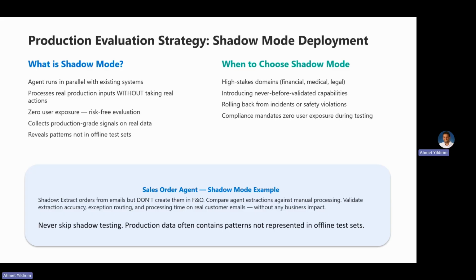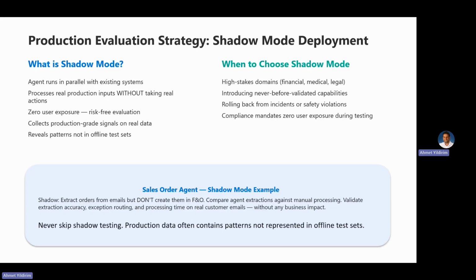So this is a detailed view of shadow mode deployment. Note the key characteristics. The agent processes real production inputs without taking real actions, giving you risk-free evaluation on real-world data. We're talking about the sales order agent example here, and this illustrates it perfectly. Extracting orders from emails, but not creating them in FNO.